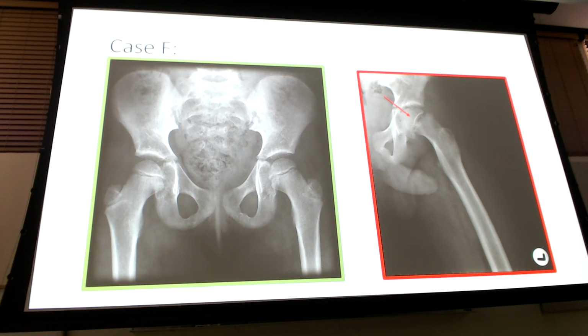If you follow your soft tissue, you can tell. Just leave it at that. All right, so Salter-Harris 1, we got the slippage of the femoral head off of there, right?